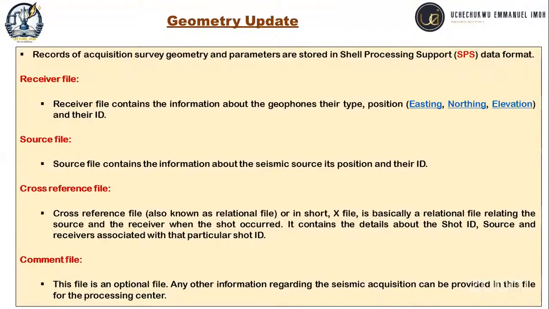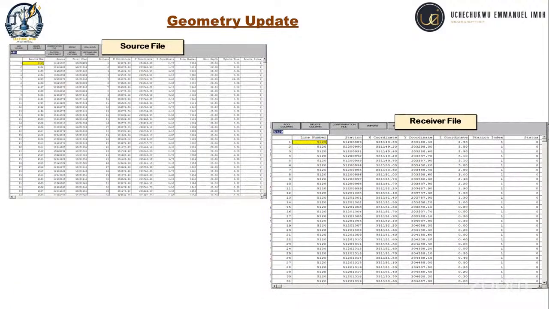Then you have your SPS file as one of the deliverables from the acquisition, and I told you the SPS stands for Shell Processing Support, and contains the S, R, and X files, that's source, receiver, and cross-reference files. These files are required to do your geometry update. So this is typically what SPS files look like.